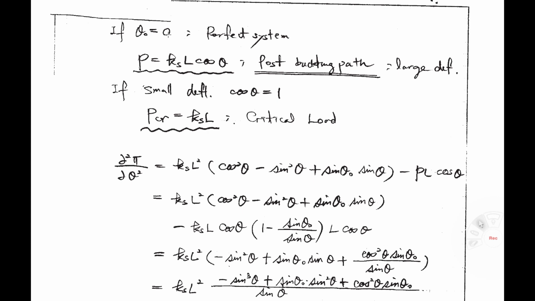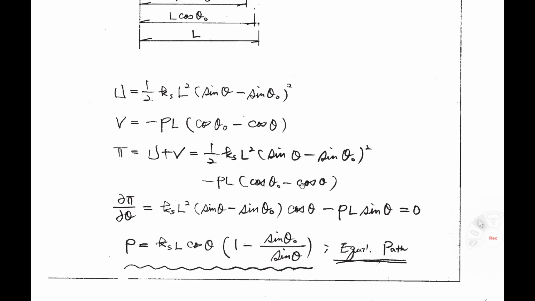There is no initial deformation. Then we call it perfect system. From here, we started from imperfect system, right? That means theta 0 exists. But from this equation, we can make a perfect system. How to make it? Just set the initial imperfection theta 0 equal to 0.